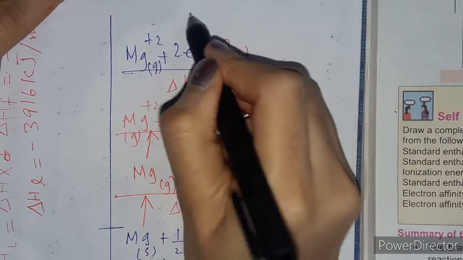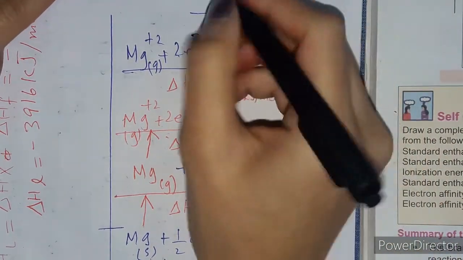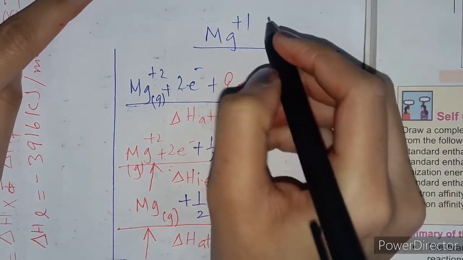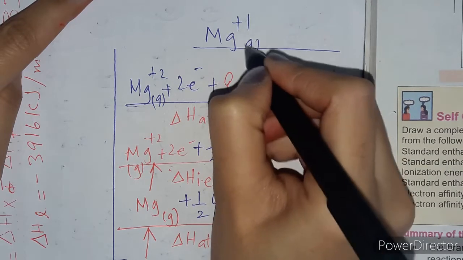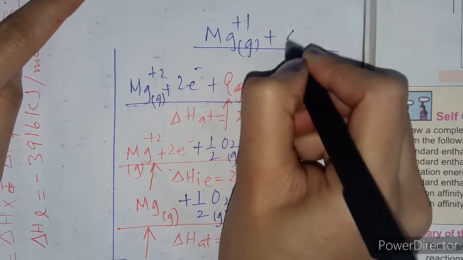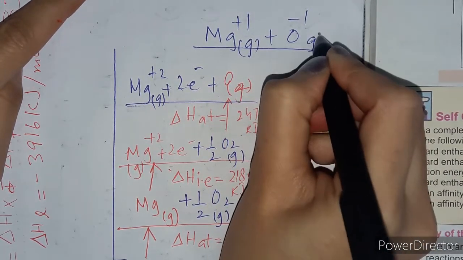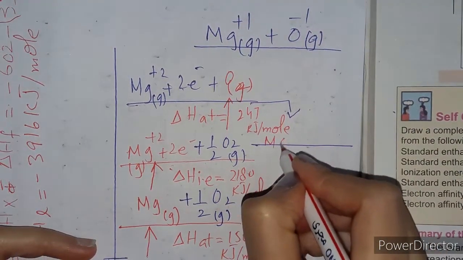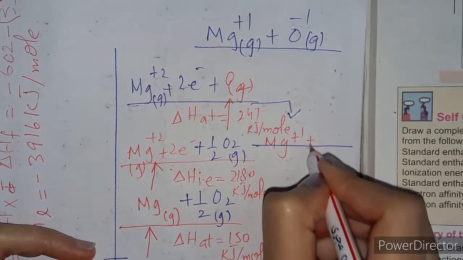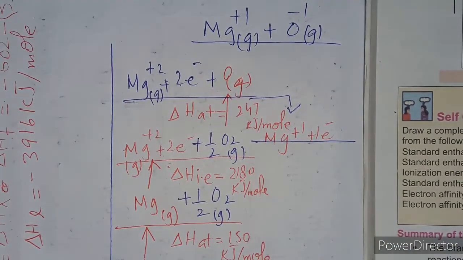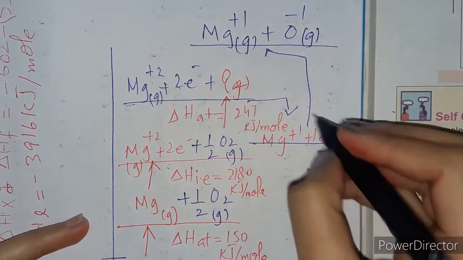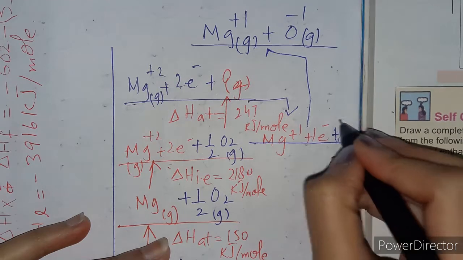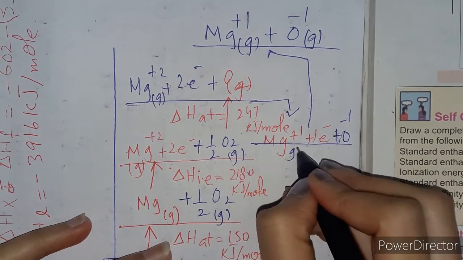Now I am writing here, oxygen is converted into O-1 gas, with the magnesium ion remaining the same.